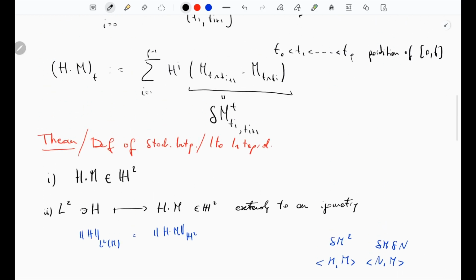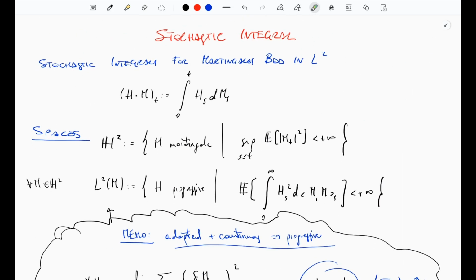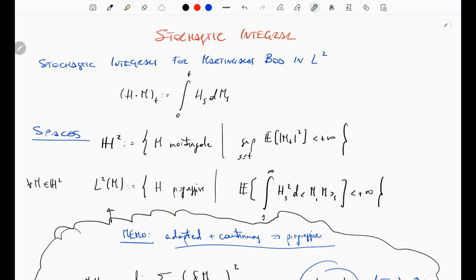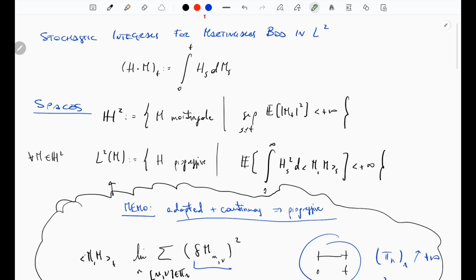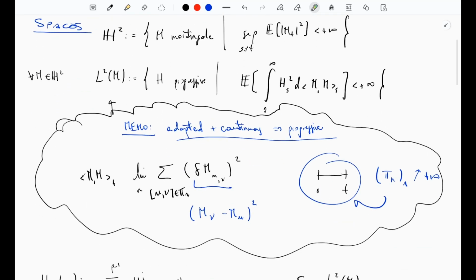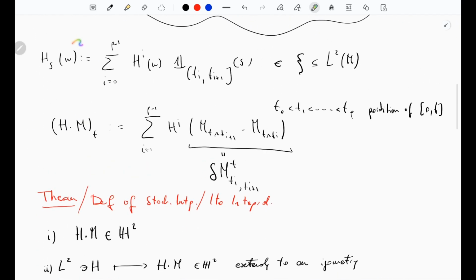All right, so now that we said that, what we just did is, we defined stochastic integrals for bounded martingales and L2. So we defined the two spaces we're going to be working with, our integrand and integrator spaces. What we did is first use elementary processes.